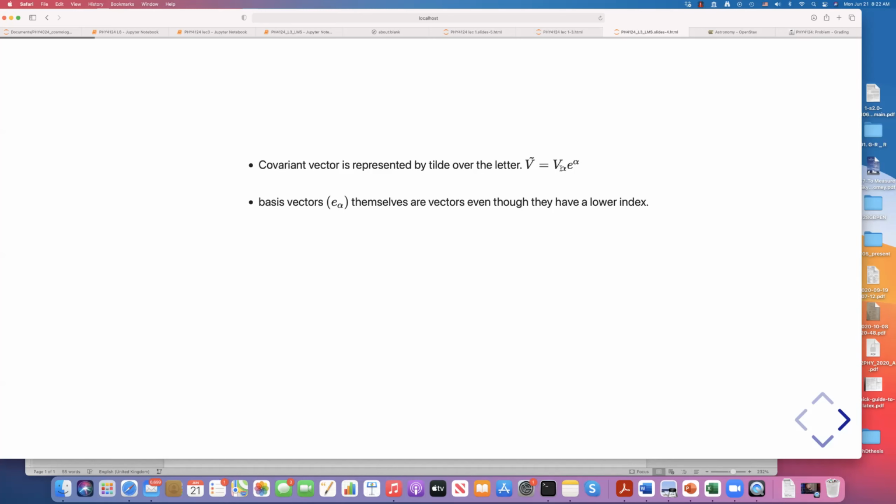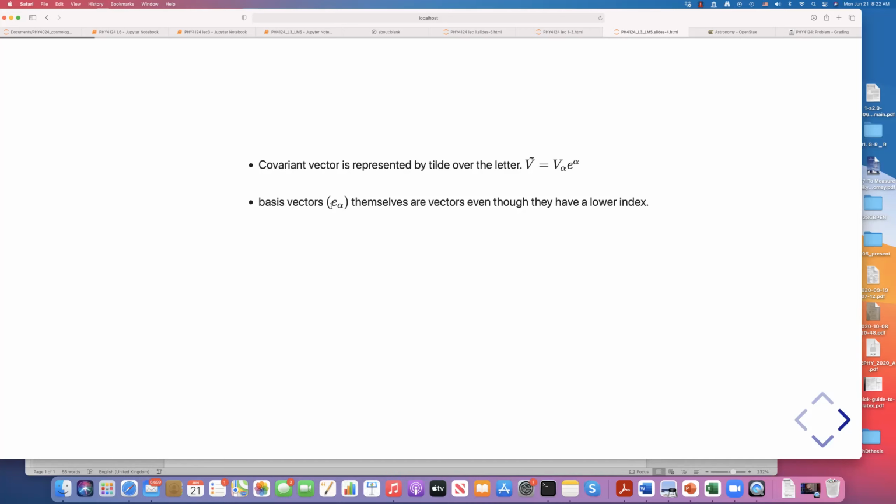I mean, there is no relation between co and low, but you can remember it in that way. The covariant means that you have the lower index in the vector component, while in the basis vector, you have it in the upper index, right?